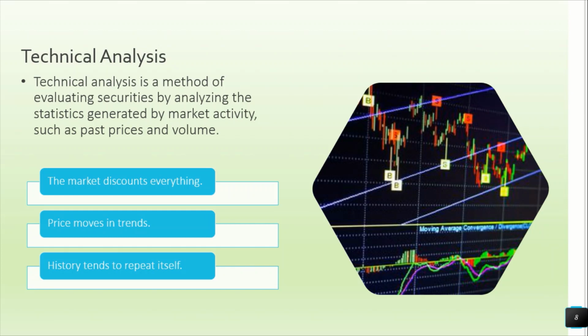Okay? So there are three assumptions that are being used in technical analysis. Number one, the market discounts everything. Okay? Number two, price moves in trends. And number 3, history tends to repeat itself.